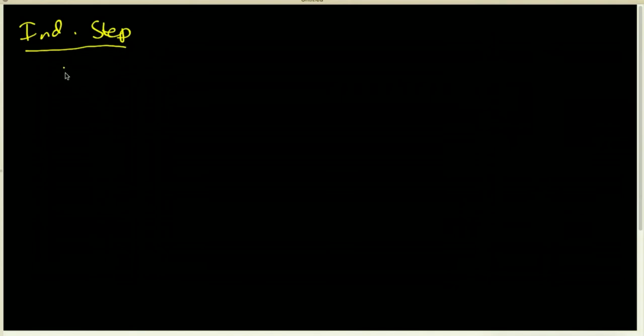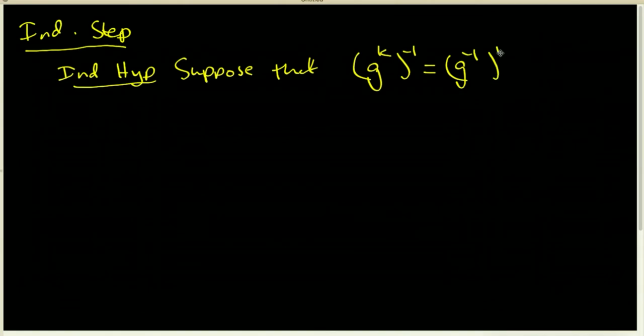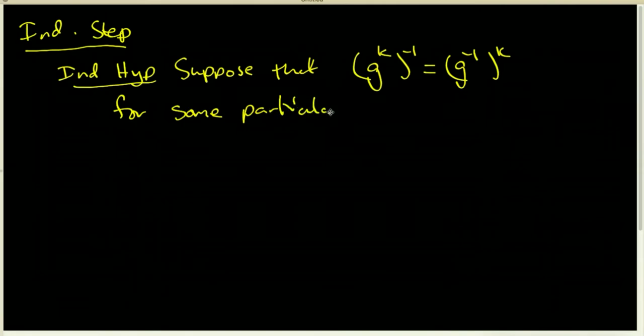Now, when I'm doing an induction step, I always take the time to write down my induction hypothesis carefully. We are going to suppose that g to the k's inverse is equal to g inverse to the k for some particular value of k that is bigger than or equal to 1.